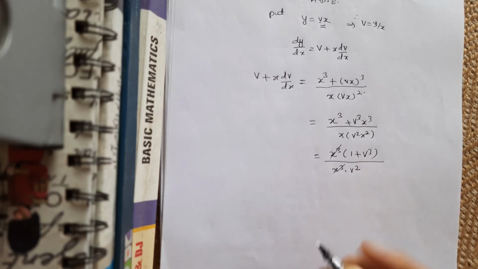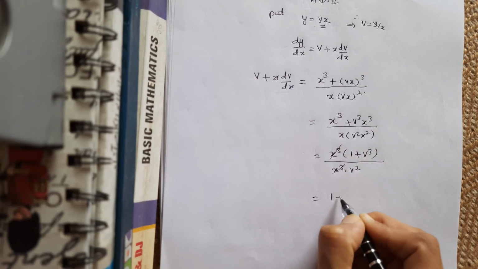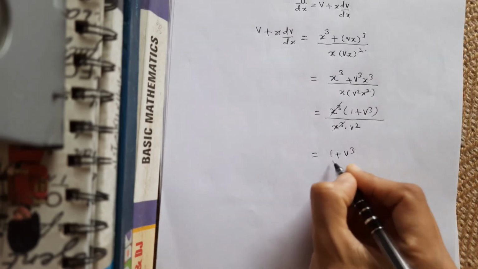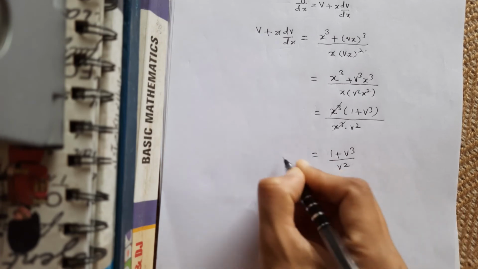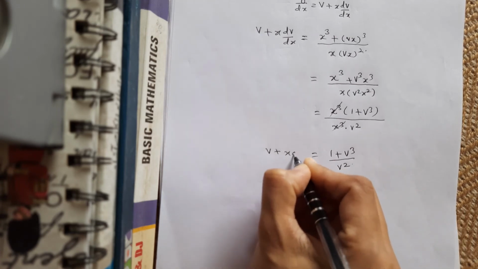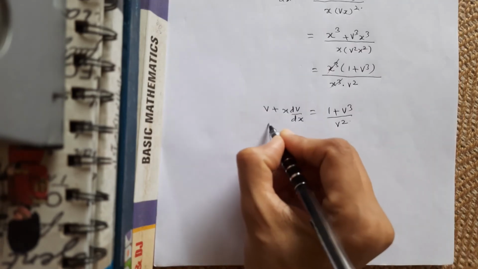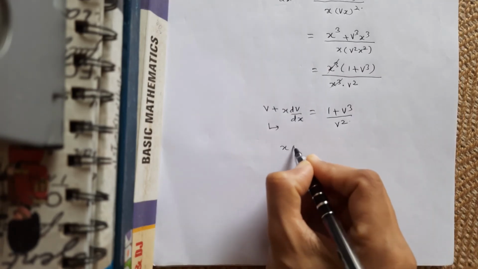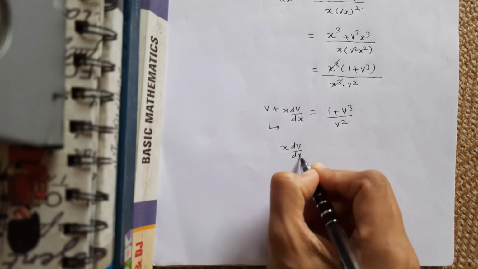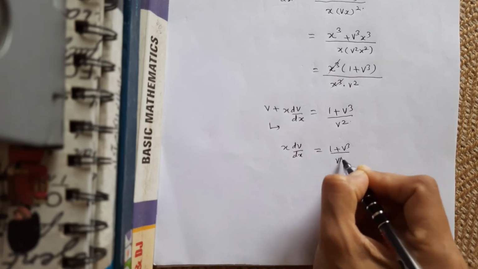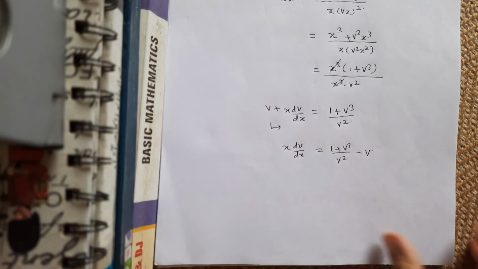Now this x³ gets cancelled and I get (1 + v³)/v². Here I have v + x dv/dx. Take this v to this side, I get x dv/dx = (1 + v³)/v² − v.